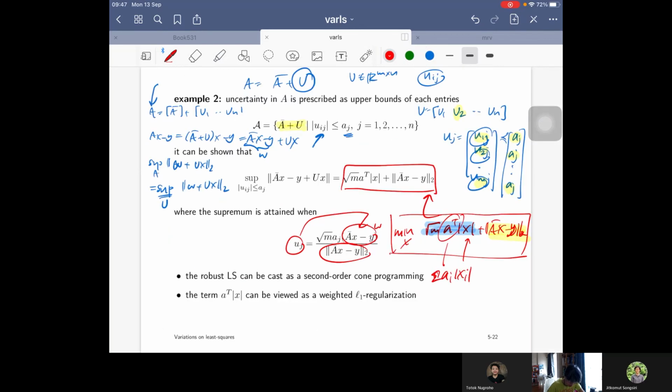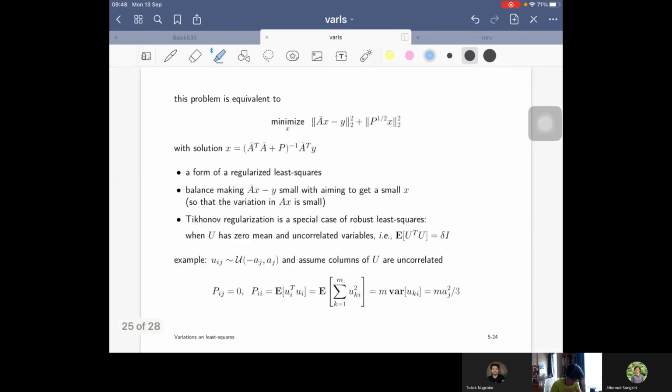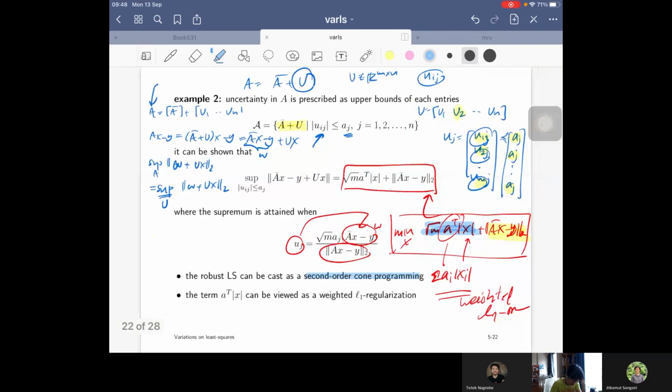You can think of this as a weighted L1 norm as well. So this function is convex. Again, convex function. What type of convex function? We can show that it's a second order cone programming.